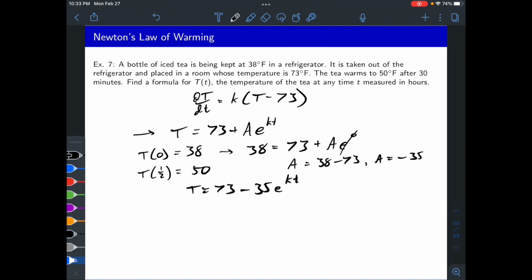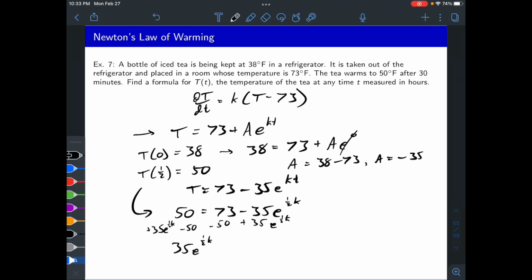Now I'll use this information to solve for k. 50 is equal to 73 minus 35 e to the k times 1/2, so 1/2 k. Let's add 35 e to the 1/2 k to both sides, and let's subtract 50 from both sides. So we get 35 e to the 1/2 k is equal to 23.